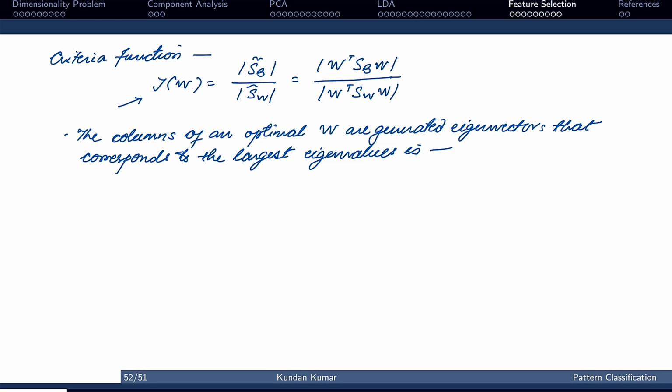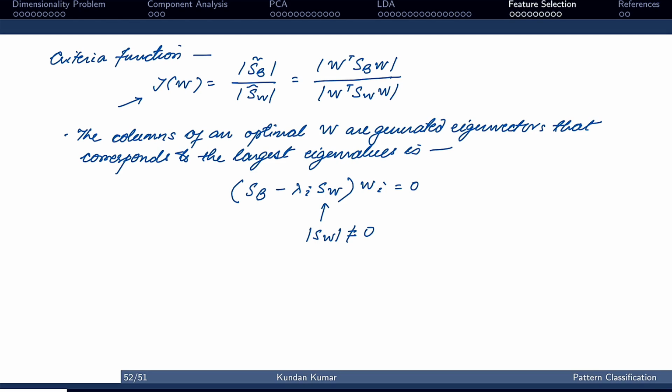So what we can write is (S_B minus lambda i S_W) Wi equal to 0. Okay, so this is the solution. If S_W is non-singular, which means the determinant of S_W is not equal to 0, then this expression can be converted to a conventional eigenvalue problem.